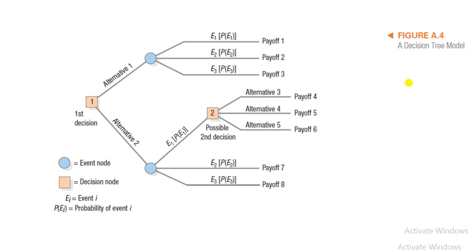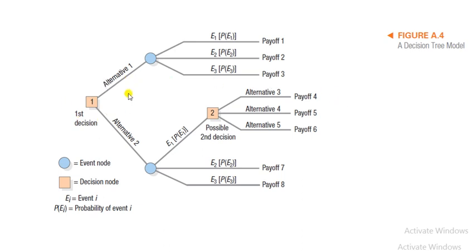So in this decision tree model, you are supposed to know about the two main components of this tree. While reading or making a decision, you will start from your left side, as you are seeing the cursor in the video, and you will move towards your right side.